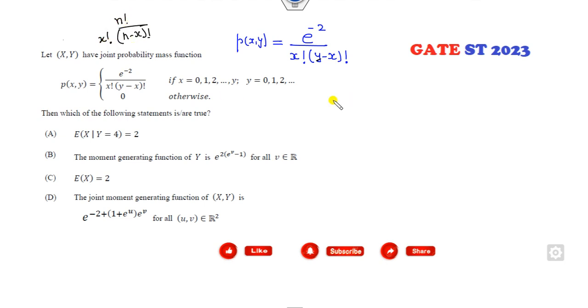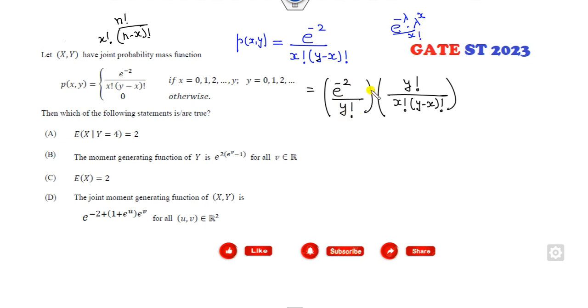It's a binomial distribution. So I can firstly break this portion. I can write here x factorial, y minus x factorial. So this is nCr, so I can multiply this by y factorial divided by y factorial. Fine. Now look at that. What will happen if this is the exponential, it looks like the exponential distribution.